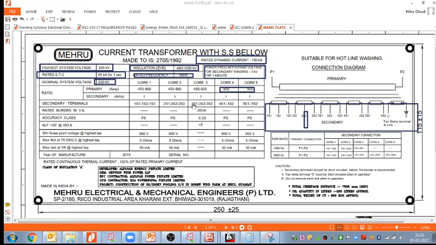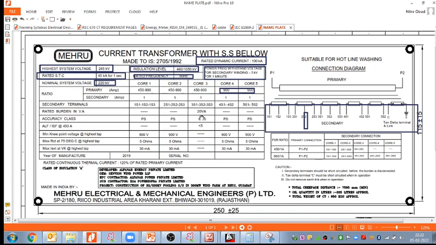This secondary terminal now has rated burden in VA. 20 VA we have mentioned here, and the VA calculations we have already done. Accuracy class 0.2 S, and as I said, in substations we take 0.2 S class CT. ALF stands for accuracy limit factor.